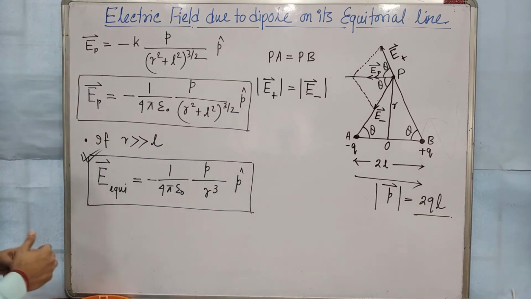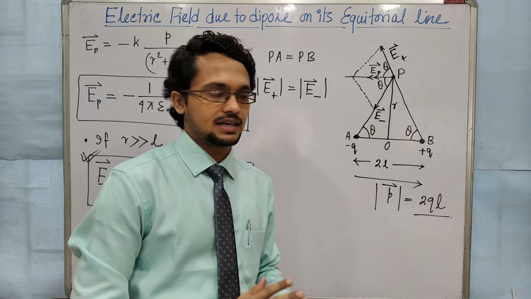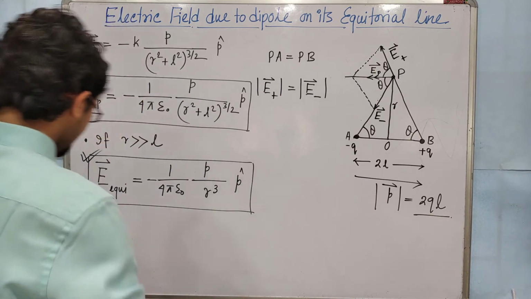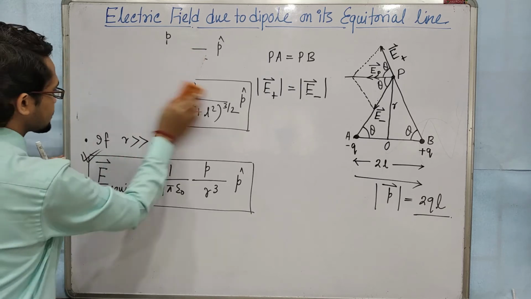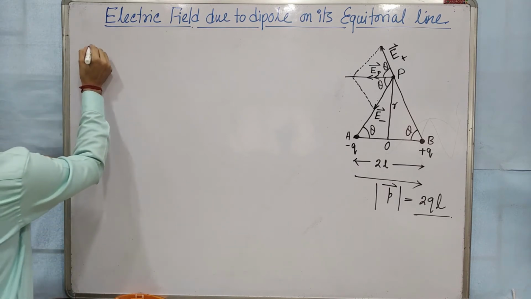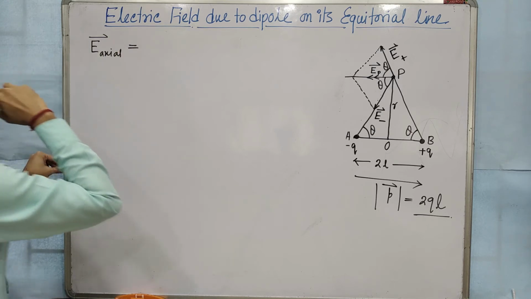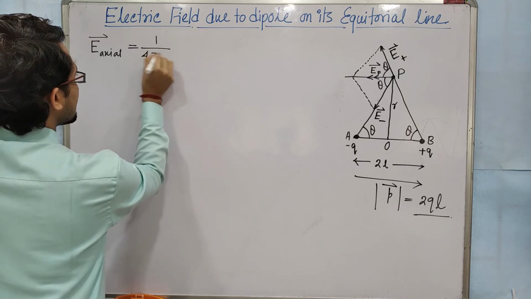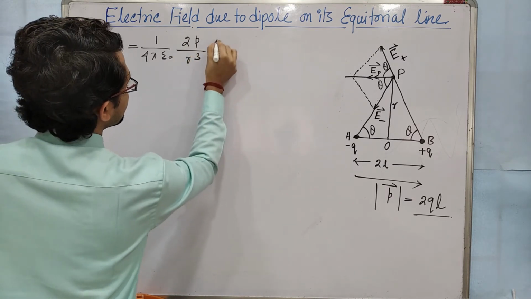Understand? Now I am writing the two formulas of electric field together, one on the axial line and another on the equatorial line. What is the relation between them? E axial, that we have already done in the previous lecture, is 1 by 4 pi epsilon 0, 2p by r cube, into p cap.